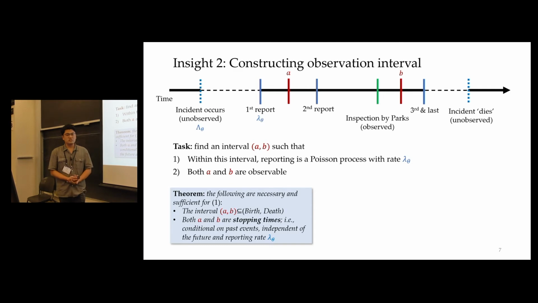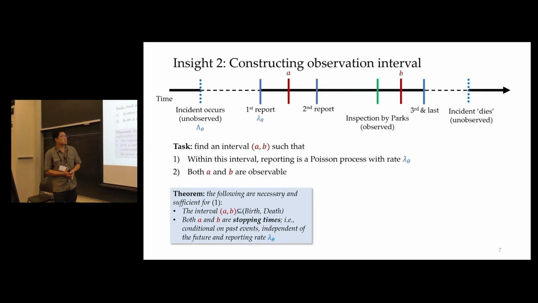So this theorem establishes sufficient and necessary conditions for the first criterion to be met. We first need the interval to be contained within the birth and death. And second, we need both the start and end of this interval to be stopping times. Let me briefly explain to you how things could go wrong if these two are broken.